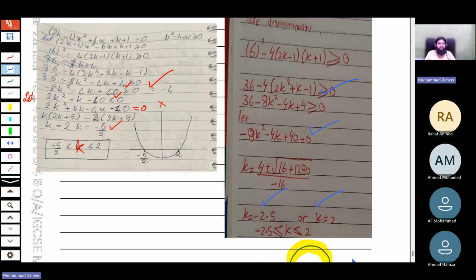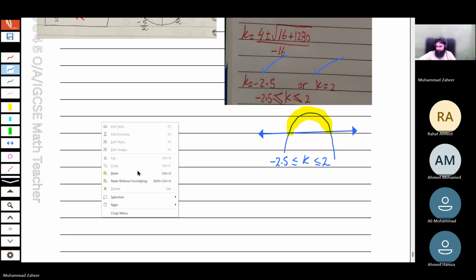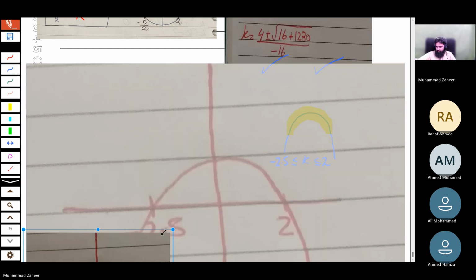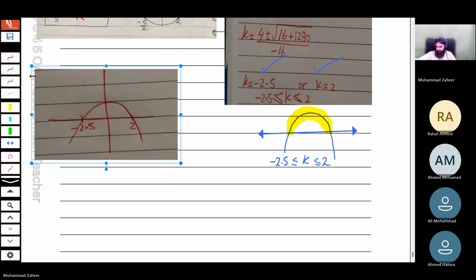Yes, please send the picture. Rahaf, Ahmed, Muhammad. Yeah, that's correct.